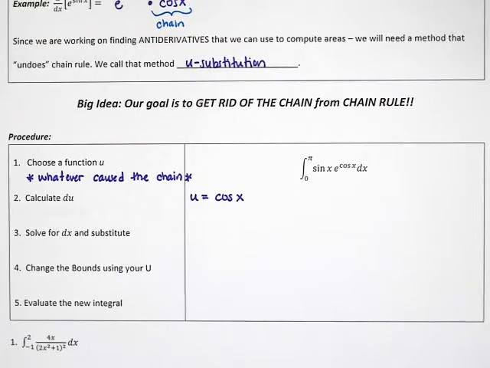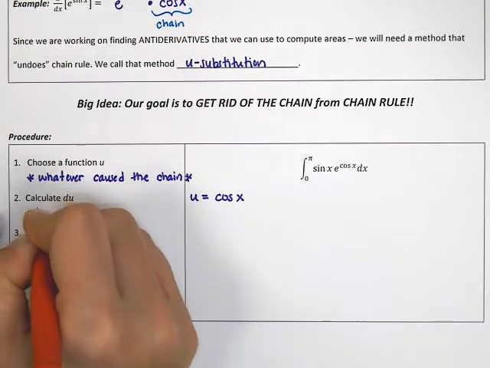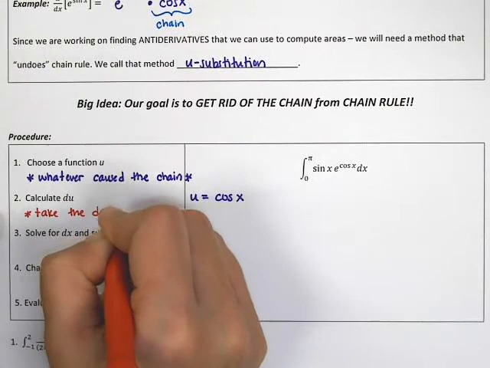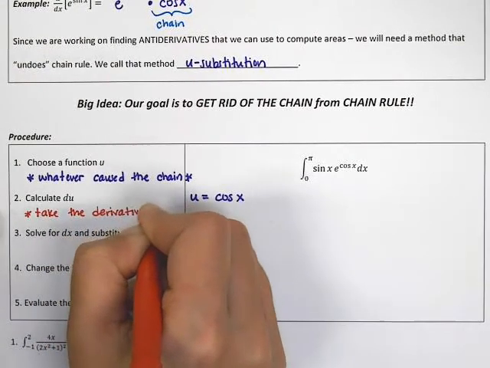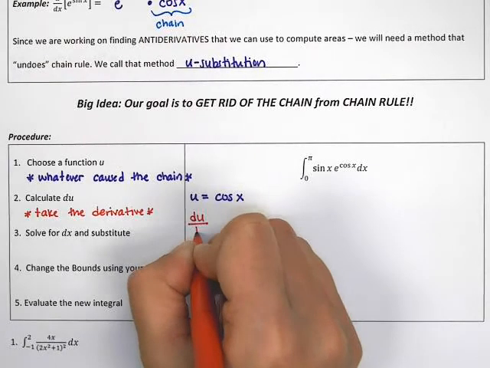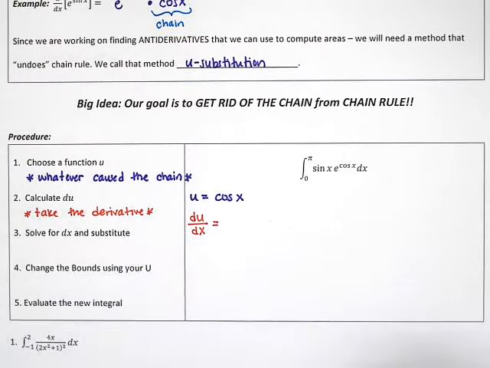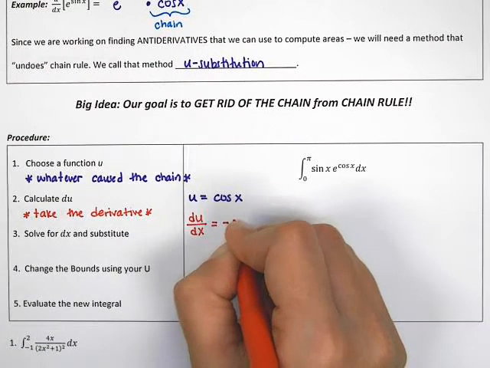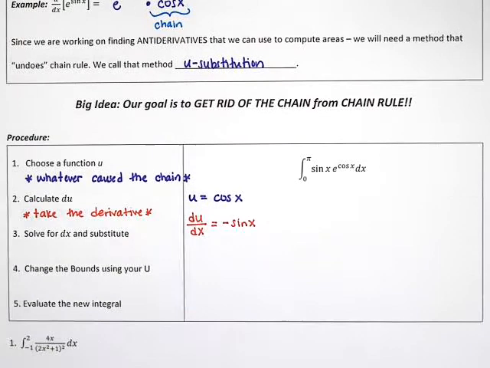Then we calculate du. Now when I say calculate, I mean you actually have to take a derivative. So the derivative of u with respect to x would be du over dx equals negative sine of x. And then we need to get dx by itself.